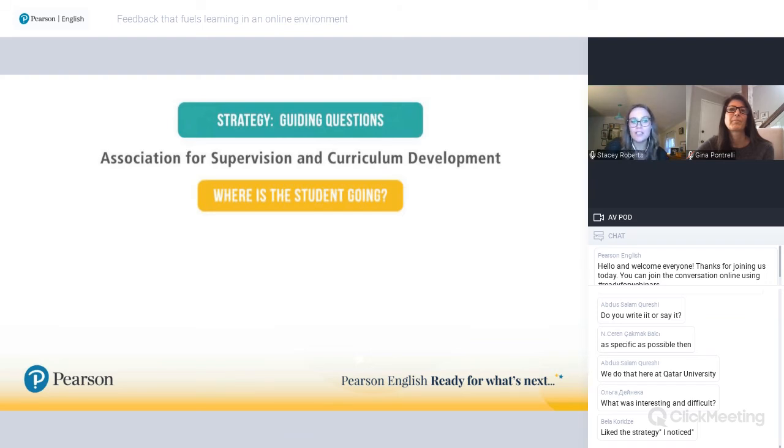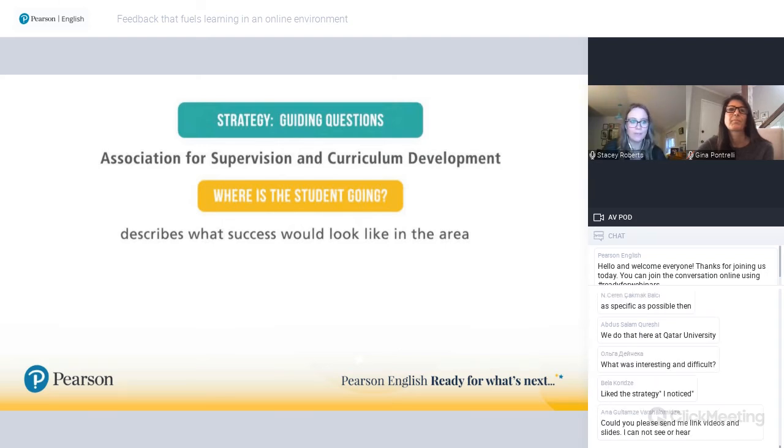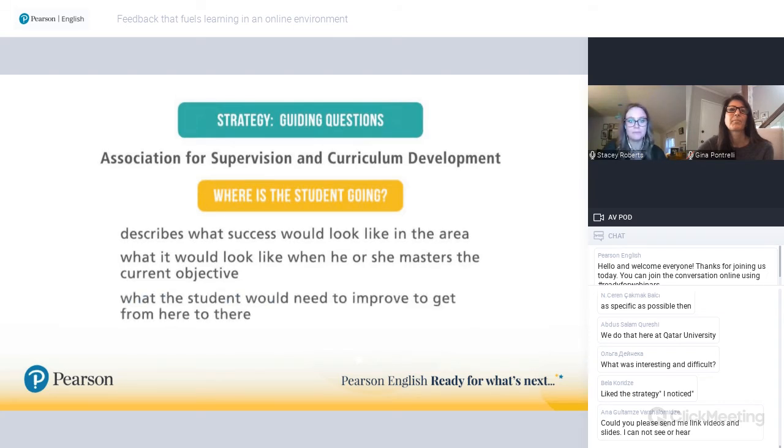Feedback that answers this question describes what success would look like in the area in which the student is working, and what it would look like when he or she masters the current objective. And what would they need to do in order to improve?